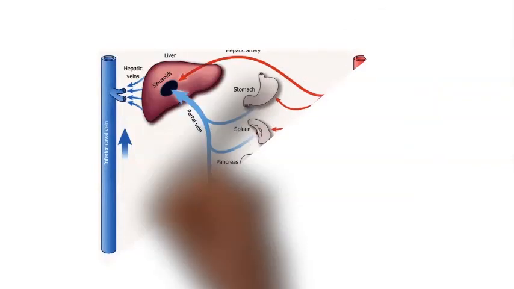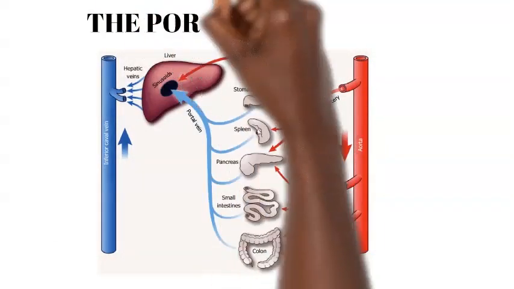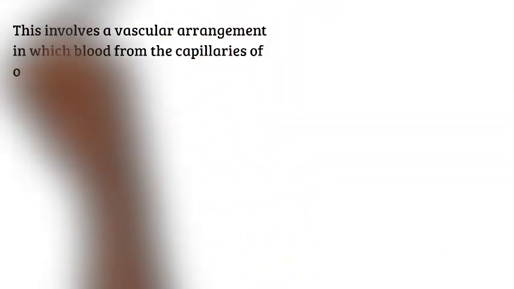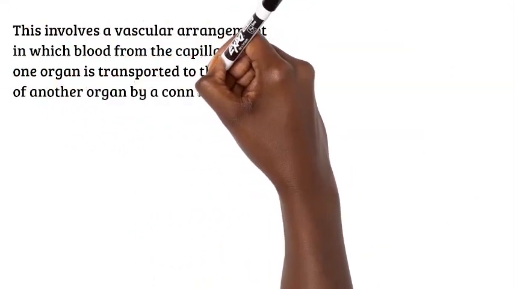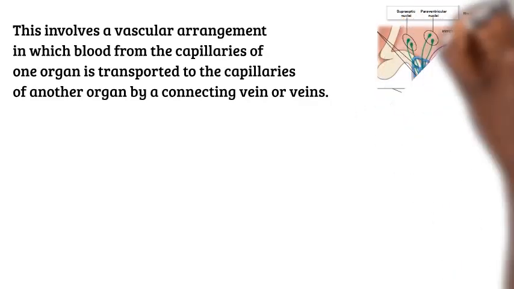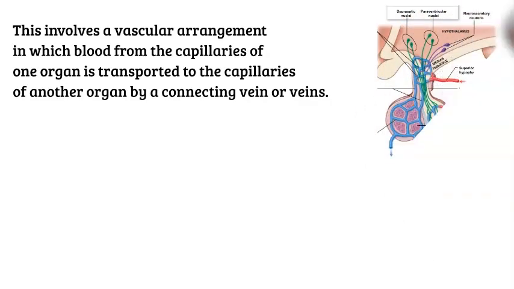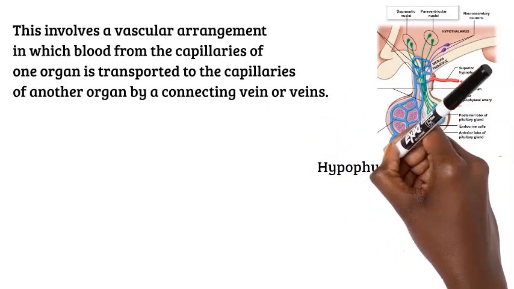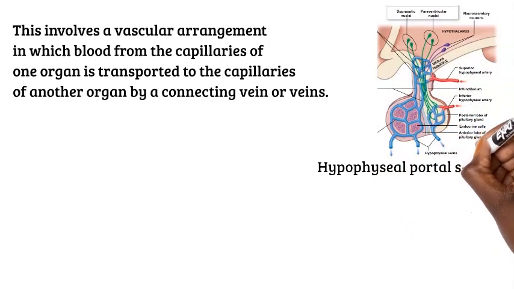Now let's talk about the portal circulation. Like I said earlier, this involves a vascular arrangement in which blood from the capillaries of one organ is transported to the capillaries of another organ by a connecting vein or veins.